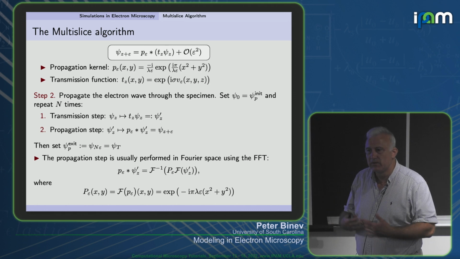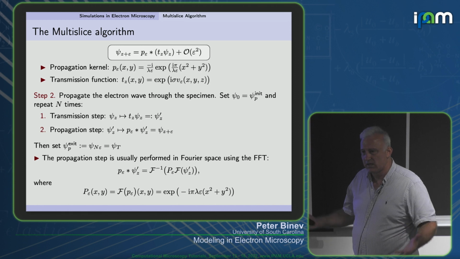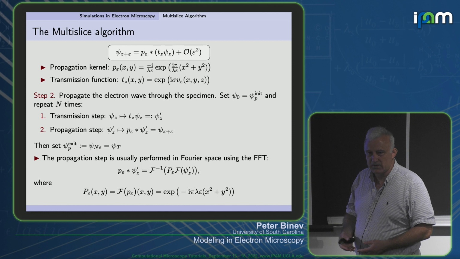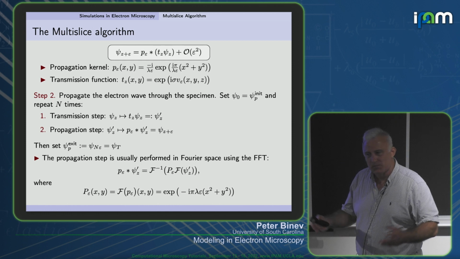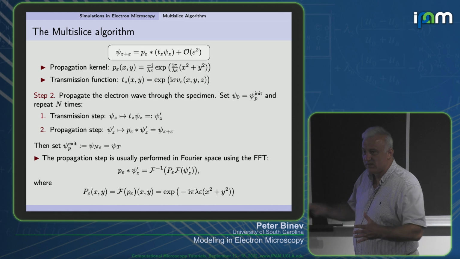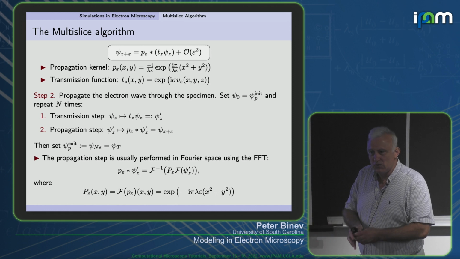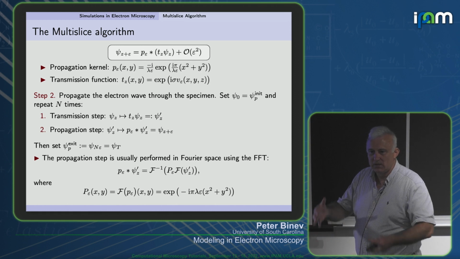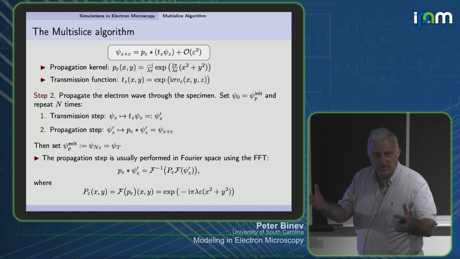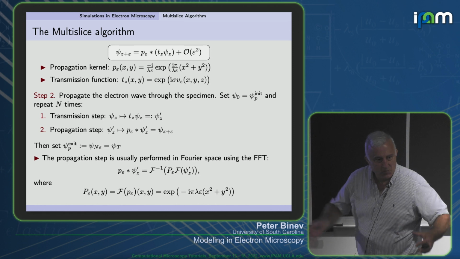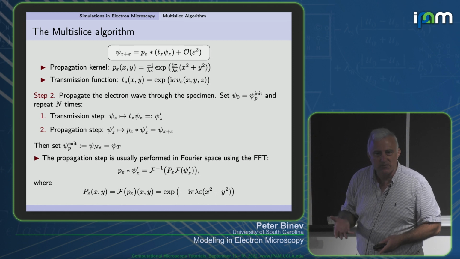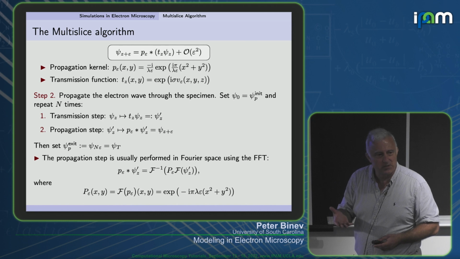So if you calculate the electron wave, say in 100 million pixels, probably that's a little bit of an exaggeration, but if you want to calculate this precisely, you might have only a million pixels or even 100,000 pixels which are important, where the electron wave is actually different from zero.